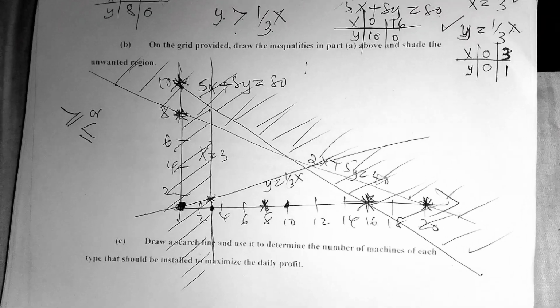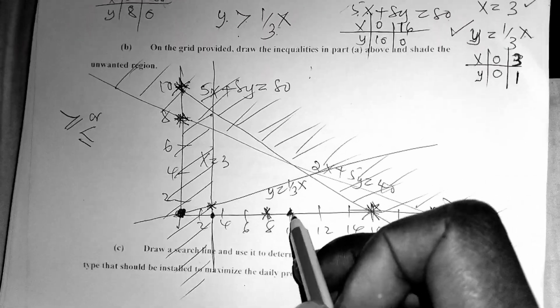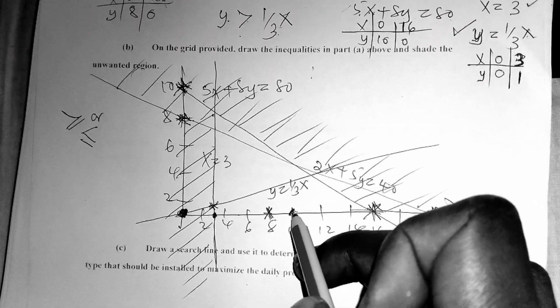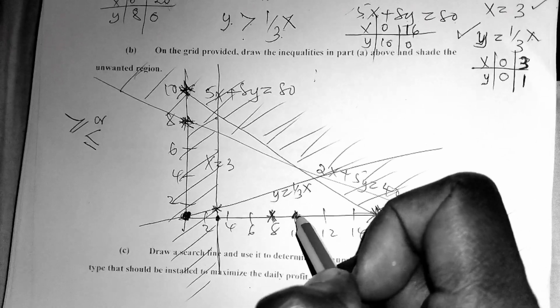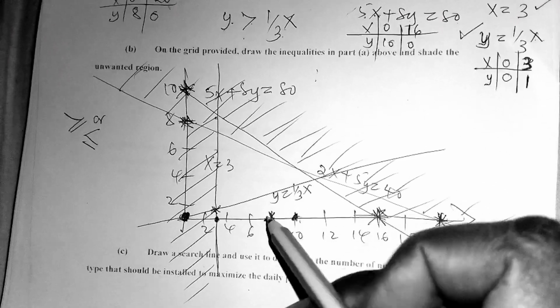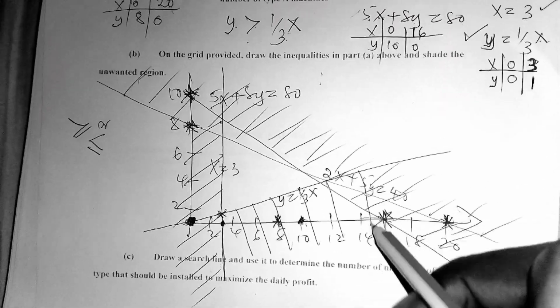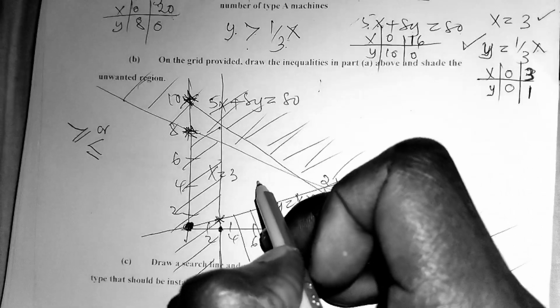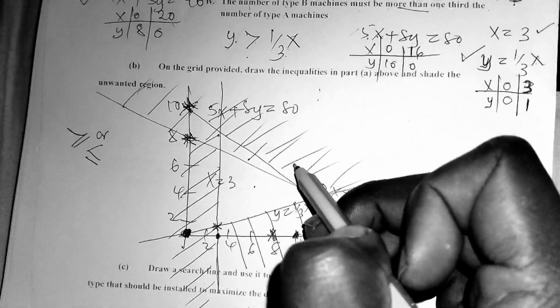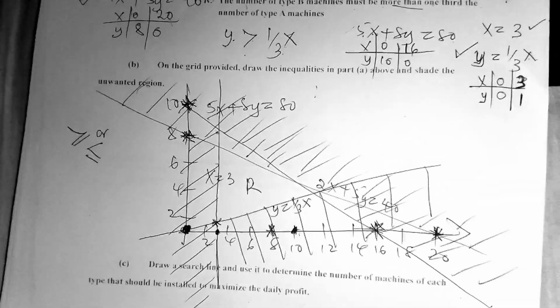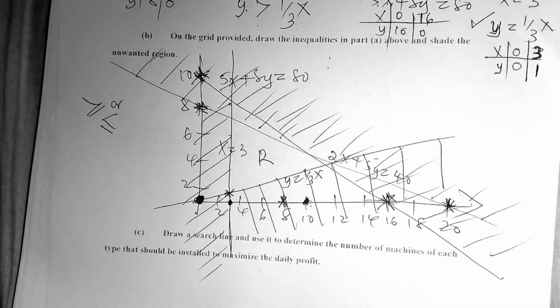So 0 is greater than 3. Is it true or false? It means it is false. 0 is not greater than 3. So we shade the side which is false. So we have this region, the region which satisfies the inequality there.